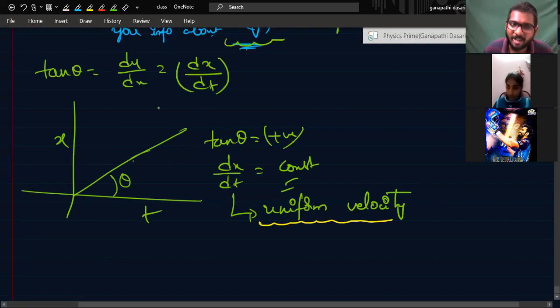If this is given, what is the velocity of the particle? The slope is nothing but the velocity of the particle, and here it is constant. It means it is moving with uniform velocity. That's it.